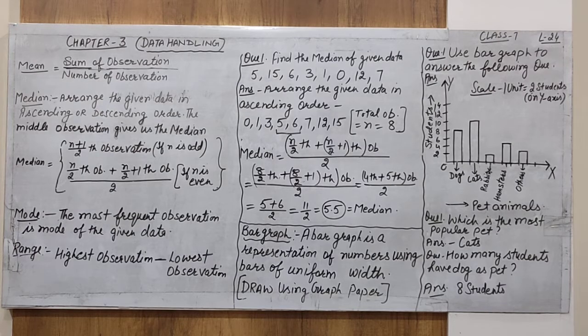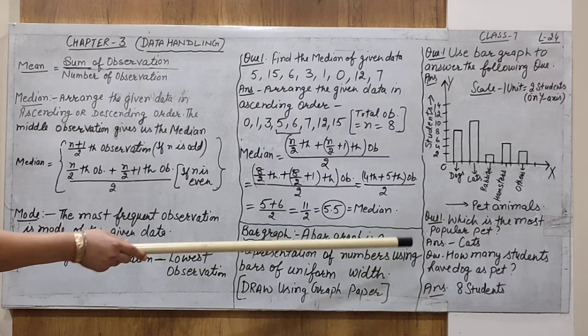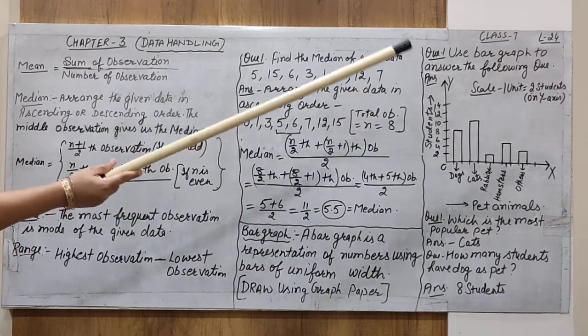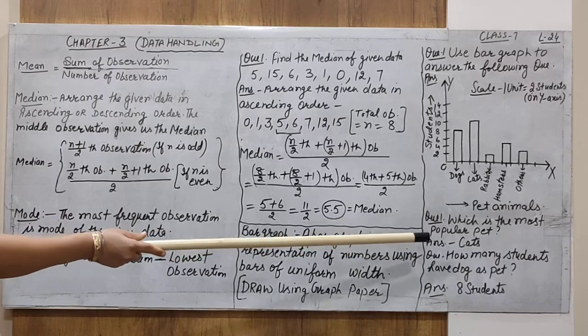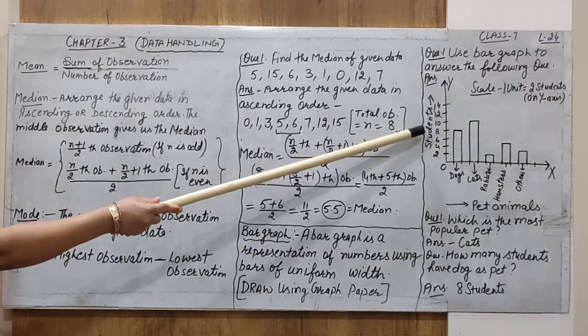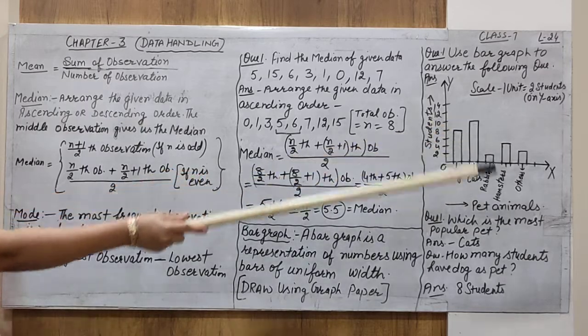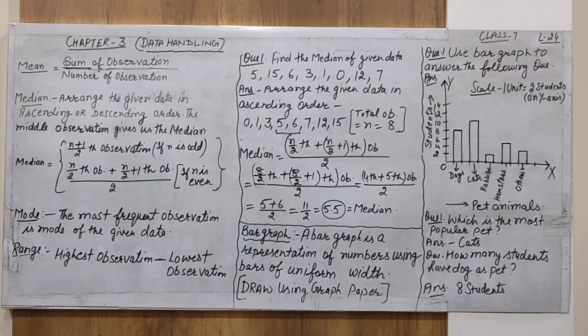Alright. So, which is the most popular pet? Which is with the most students? The most popular pet means the pet which has the maximum number of students, and that is cats. There are 10 cats in this, so cats are the most popular pet.